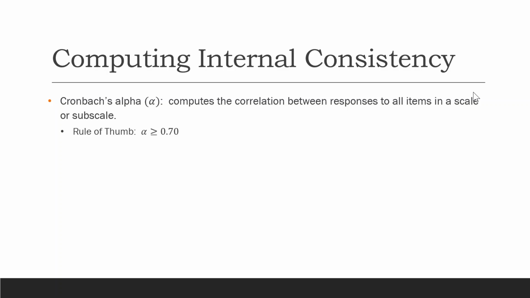The value of alpha should range between 0 and 1, where the closer it is to 1, the more evidence we have that our items are internally consistent. As a rule of thumb, we would like alpha to be at least 0.7 in order to say that we have adequate internal consistency, or adequate reliability, to use those items to measure that construct.